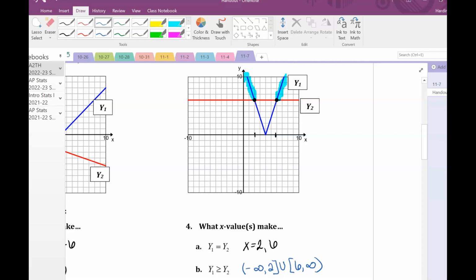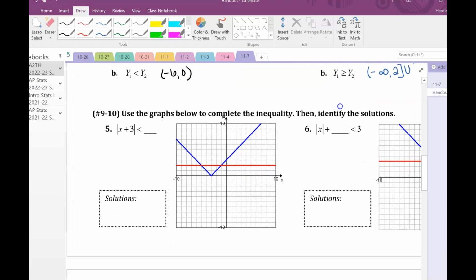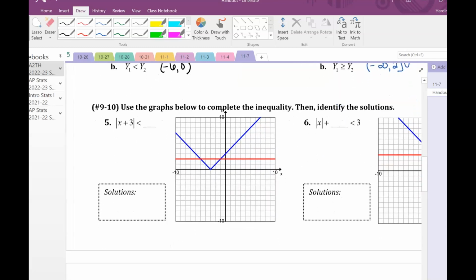So you can see from the outputs of the graph how you can solve an inequality. So let's take a look here. Question number 5, use the graphs below to complete the inequality, then identify the solutions. Okay, we're looking for when is absolute value of x plus 3 less than or equal to, we'll look at the red line. This is just the line at 2. So when is absolute value of x plus 3 less than or equal to 2?